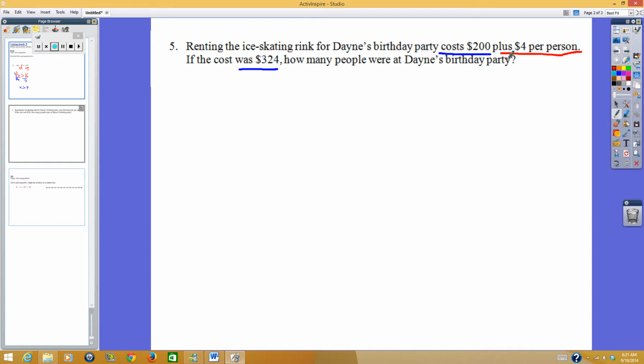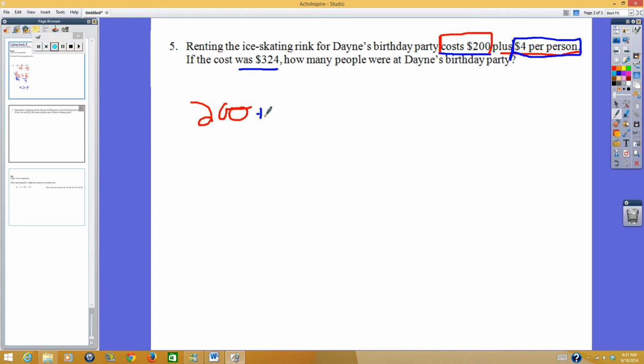Okay, so we already identified that the party costs $200. That's not changing. Doesn't matter if only one person shows up or 20 people show up, he still has to pay $200, right? Now, for each person that walks in, they have to pay $4.